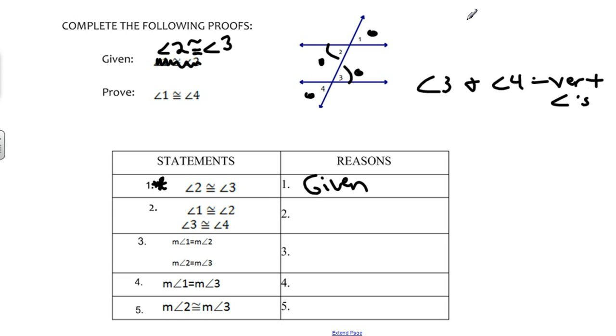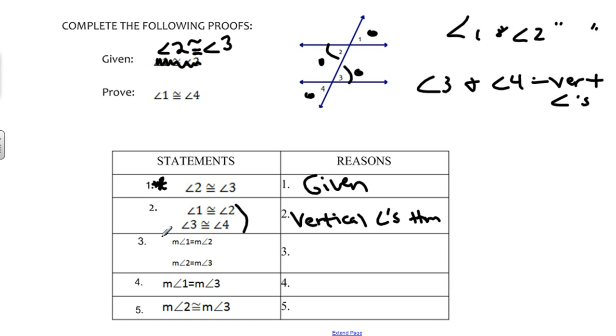And so are angle 1 and angle 2. And when you have vertical angles, they are congruent. So the reason we put angle 1 and 2 congruent, angle 3 and 4 congruent, is by the vertical angles theorem. When you have vertical angles, they are congruent.